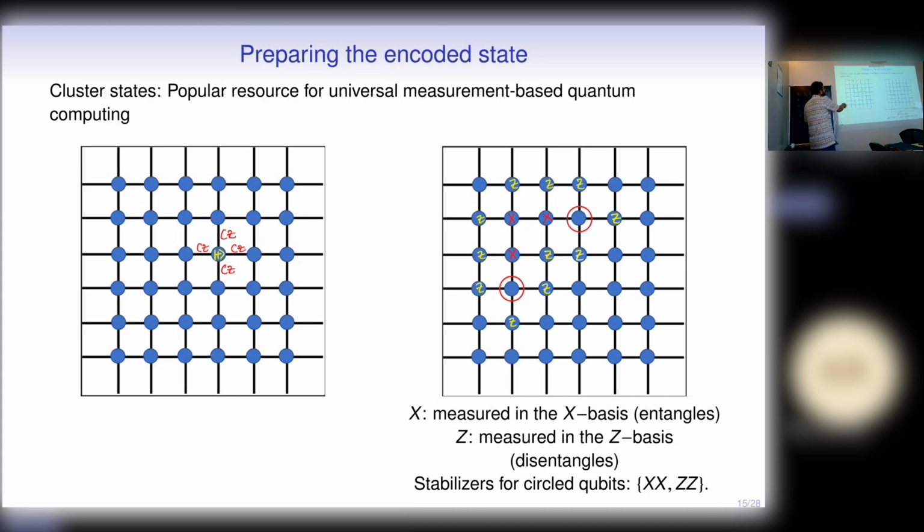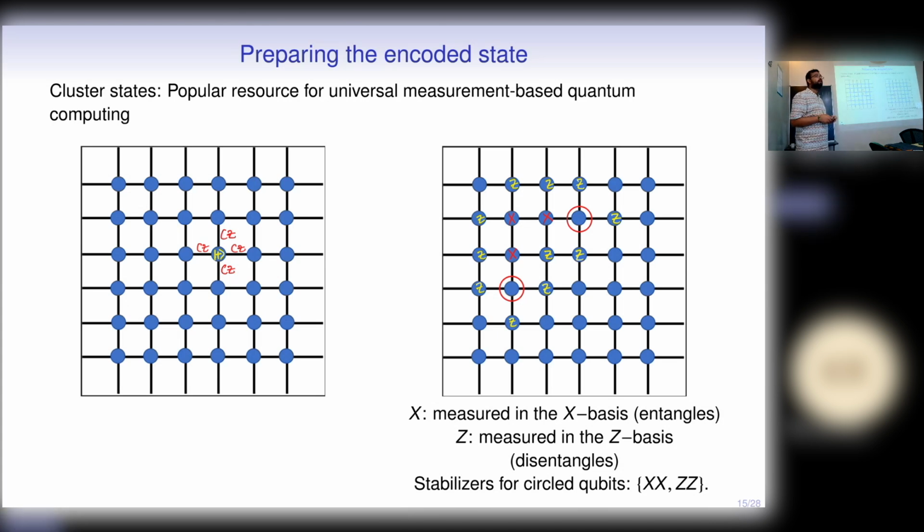If you have a state like this, you can start measuring these stabilizers by measuring X at the center and Z on the boundaries, and you'll project those 4 qubits onto the +1 eigenstate of the Z stabilizer.